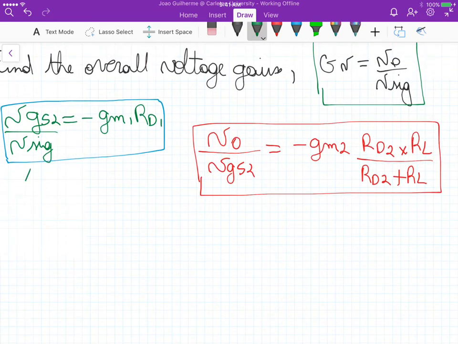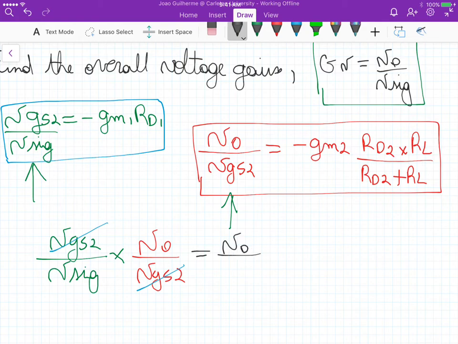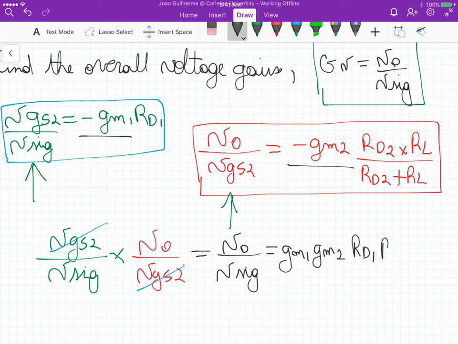Now if you look at this equation here and this one here, if we multiply them, so if we take VGS2 divided by V signal times V naught over VGS2, this gives us VGS2 cancels with VGS2, V naught over this signal, which is minus GM1 times minus GM2, which gives us GM1 times GM2, because minus times minus gives us plus, times RD1 times RD2 times RL divided by RD2 plus RL.